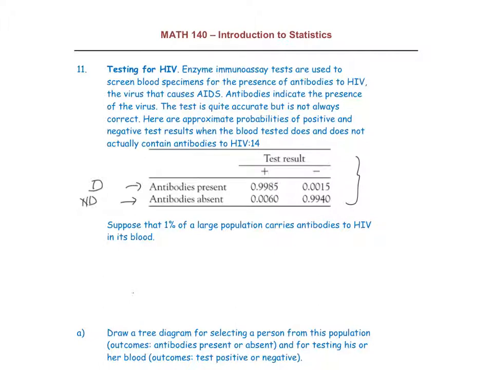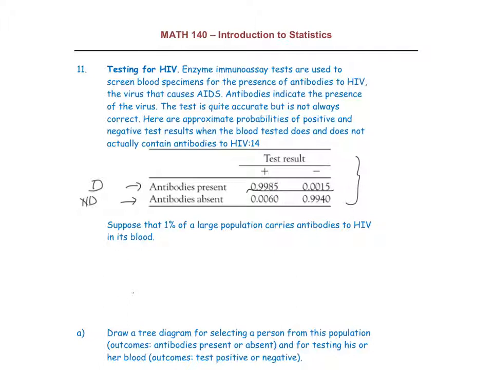The first row of the table is related to people that we know have the virus, which means they have the disease. And it gives us probabilities of the test showing positive or the test showing negative. So let's first write down the probabilities that we have from the first row.